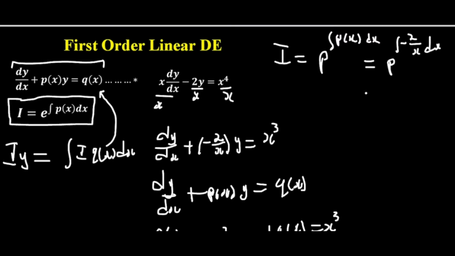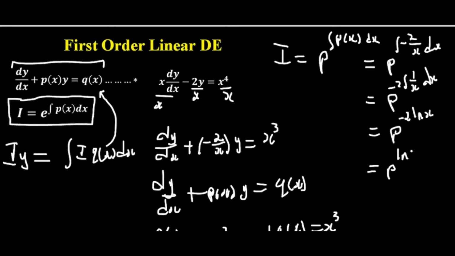Since negative 2 is a constant, we can send that out, so this will be e to the negative 2 the integral of 1 all over x dx. So that we'll have e to the negative 2 ln of x, so that this will result to e to the ln of x to the minus 2.